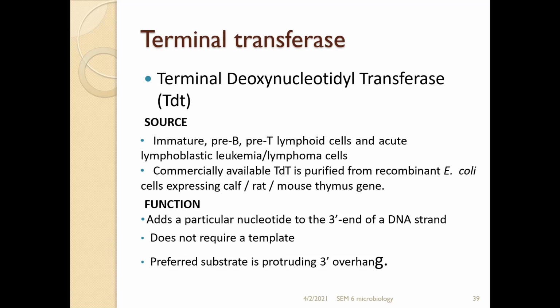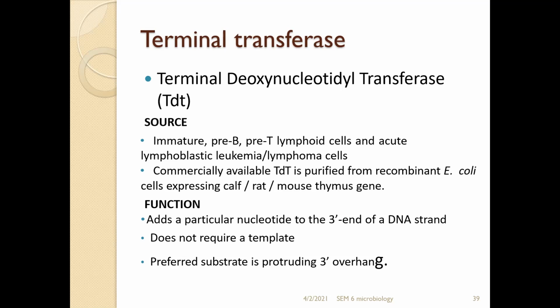Commercially available TdT is purified from recombinant E. coli cells expressing, for example, the thymus gene of rat, mouse, or calf. These are the sources from where we can collect it.